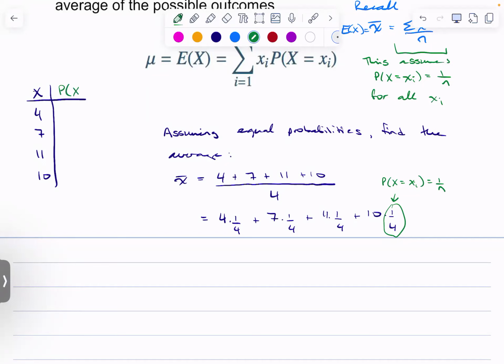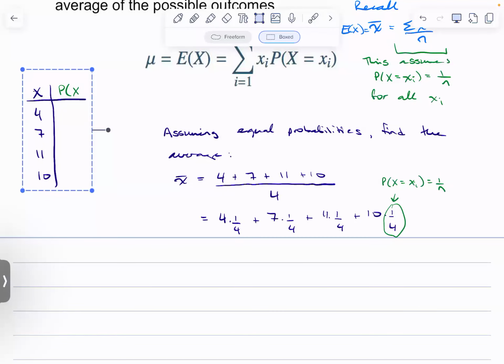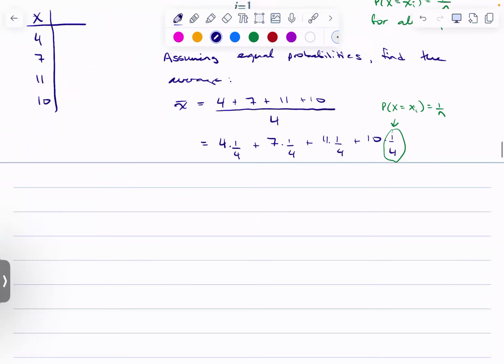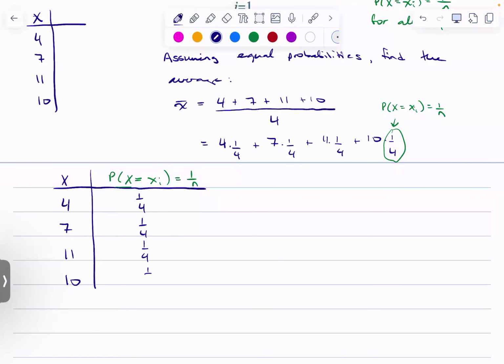So if I add that to my column here, maybe I'll recreate the table down here: 4, 7, 11, 10. If we assume the probability that x equals xi is 1 over n, then each probability here would be 1/4, 1/4, 1/4, 1/4.